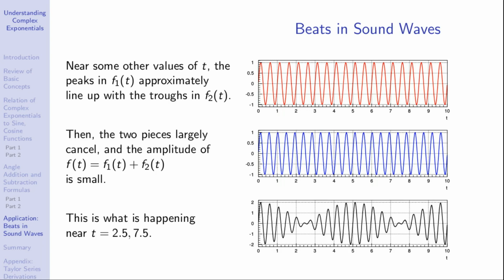However, near some other values of t, the peaks in f1 of t approximately line up with the troughs in f2 of t. Then the two pieces largely cancel, and the amplitude of f of t is small. This is what is happening near t equals 2.5 and t equals 7.5.